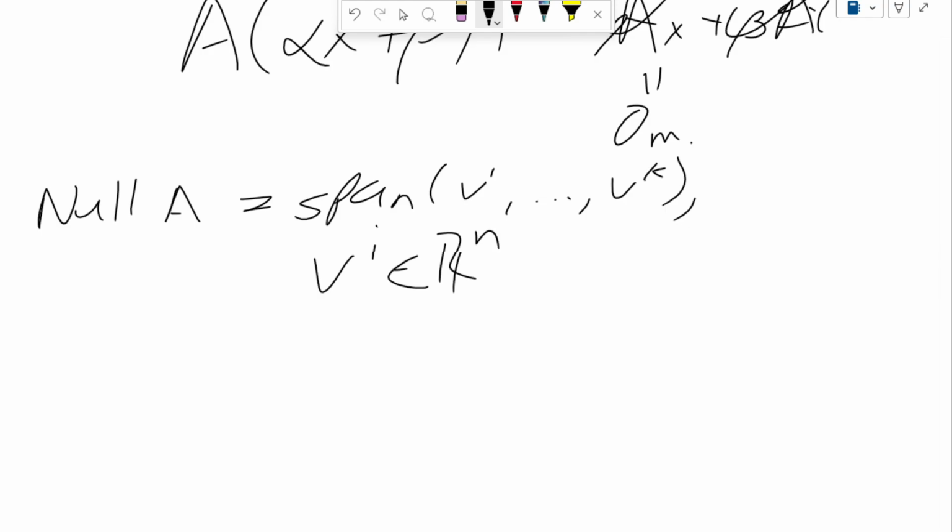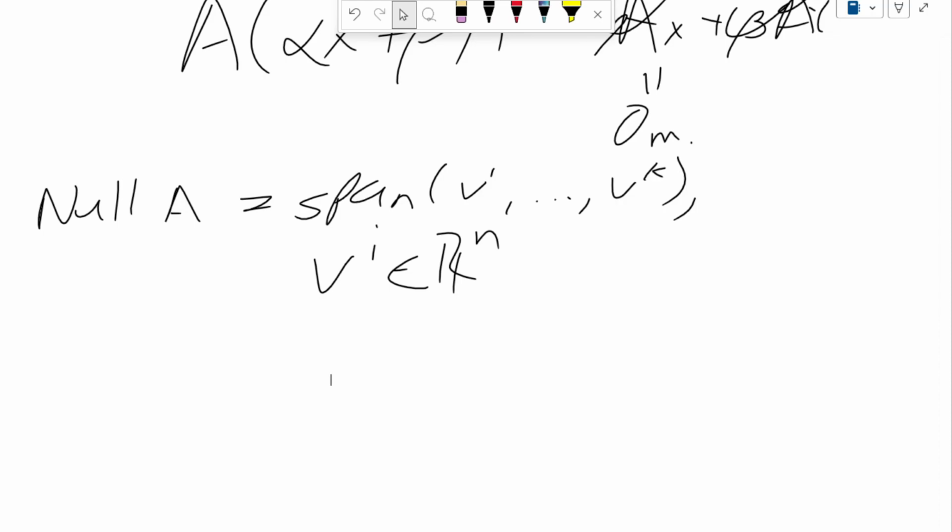Now, I'm not going to go into how we actually compute these vectors right now, but you can do it, and we'll talk about it in a bit. The first thing I want to talk about is some of the implications of the null space, and particularly why the null space is so important.